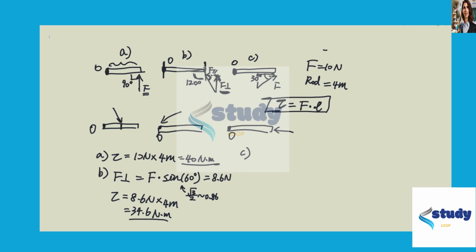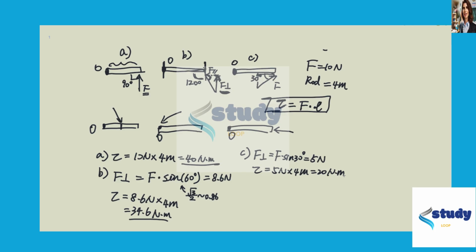But since we are only here to find the torque, it doesn't really matter. We still find the perpendicular component is F times sine 30, which gives us 5 Newton, because sine 30 is 0.5. And that gives us 5 Newton times 4 meters equals 20 Newton meter. So that is C.